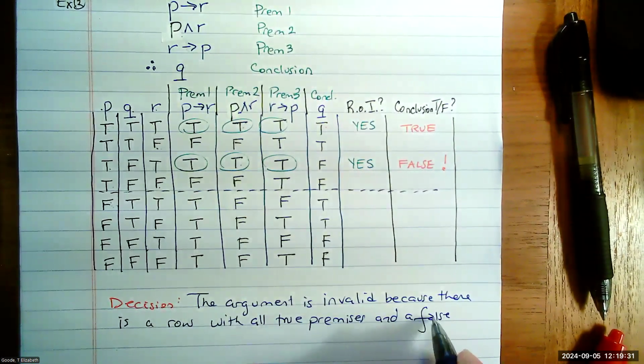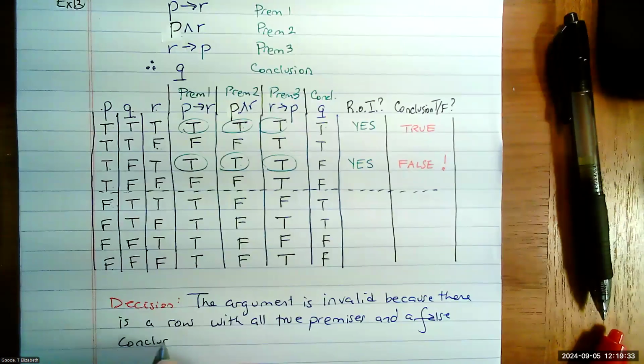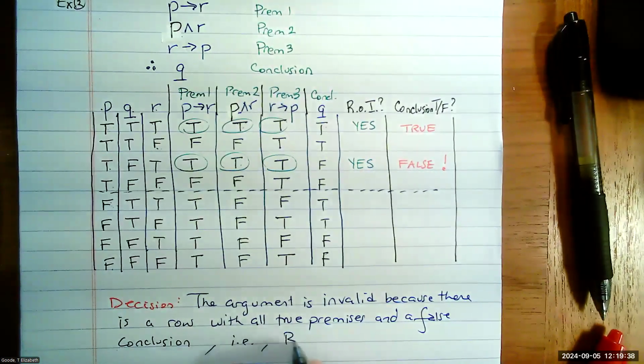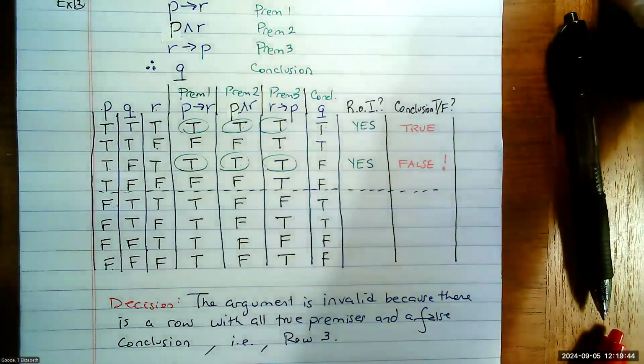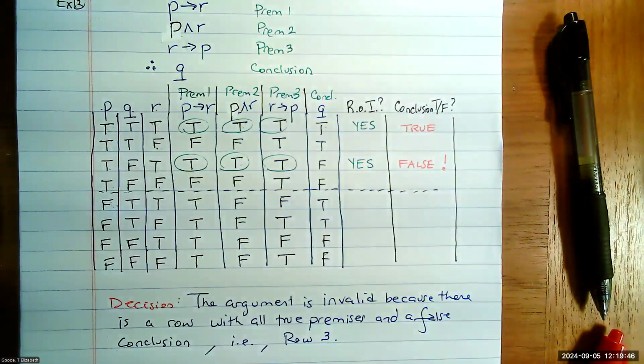And I'll even cite the row just to be sure that the reader knows, i.e. row 3. And that is the way that we execute our algorithm for deciding whether an argument is valid or invalid.